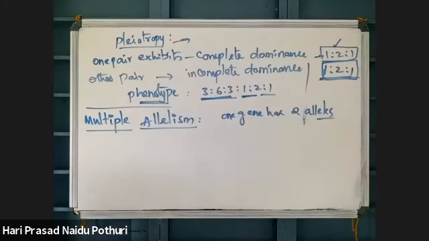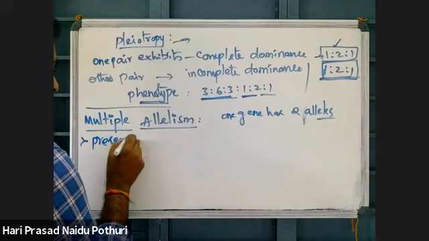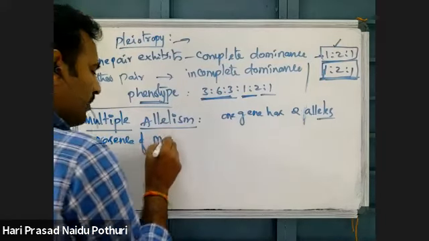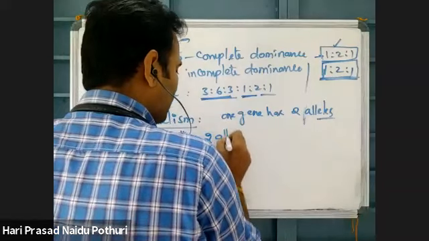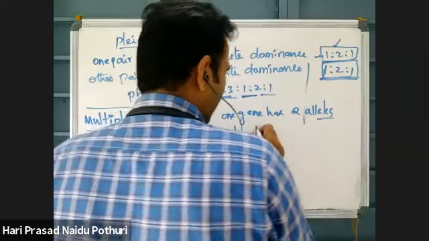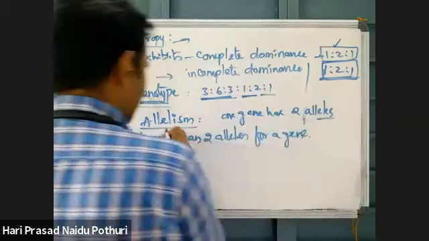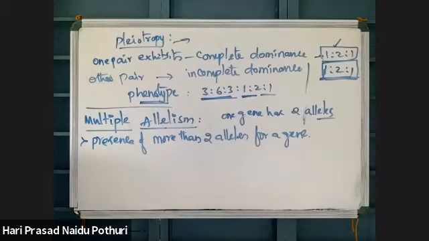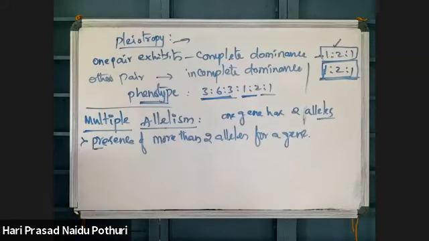Presence of more than two alleles for a gene is called multiple allelism. Those many alleles of a particular gene are called multiple alleles.